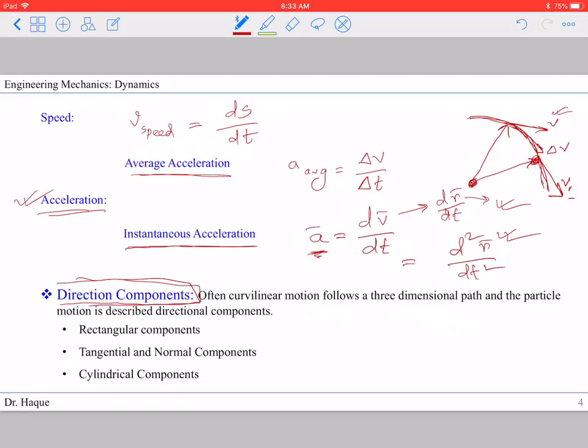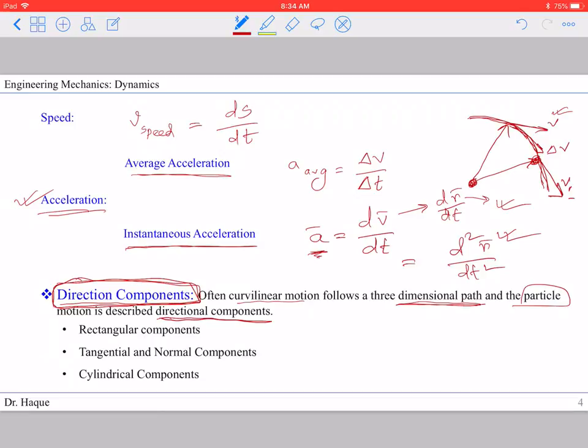Direction components. So we know if it's in vector form, it can have, for example, in rectangular components, x, y, and z components. So often curvilinear motion follows a three-dimensional path. Curvilinear motion is represented often in a three-dimensional path, and the particle motion is described easily in directional components.